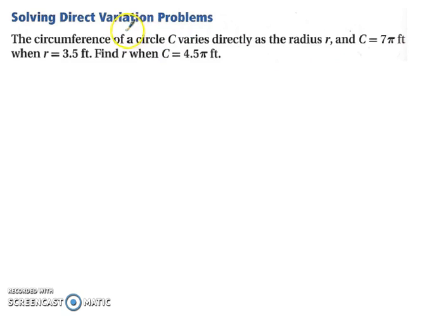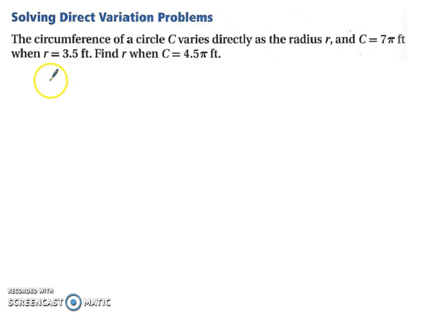So now let's try solving direct variation problems. The circumference of a circle C varies directly as the radius r, and C equals 7 pi feet when r is 3.5 feet. So we need to find r when the circumference is 4.5 pi feet. There are two ways you can do this. You can use your direct variation function.